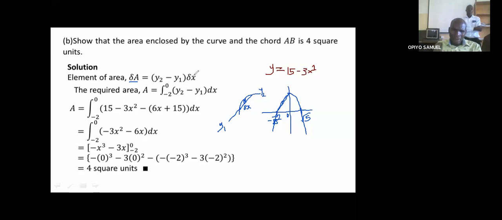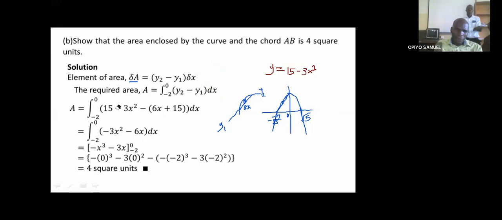But this time, here we have used delta x. As you change this to the integral sign, you must remember to put the dx. You don't use delta x anymore. So we can now integrate. We can integrate this when we substitute for the value of the y.